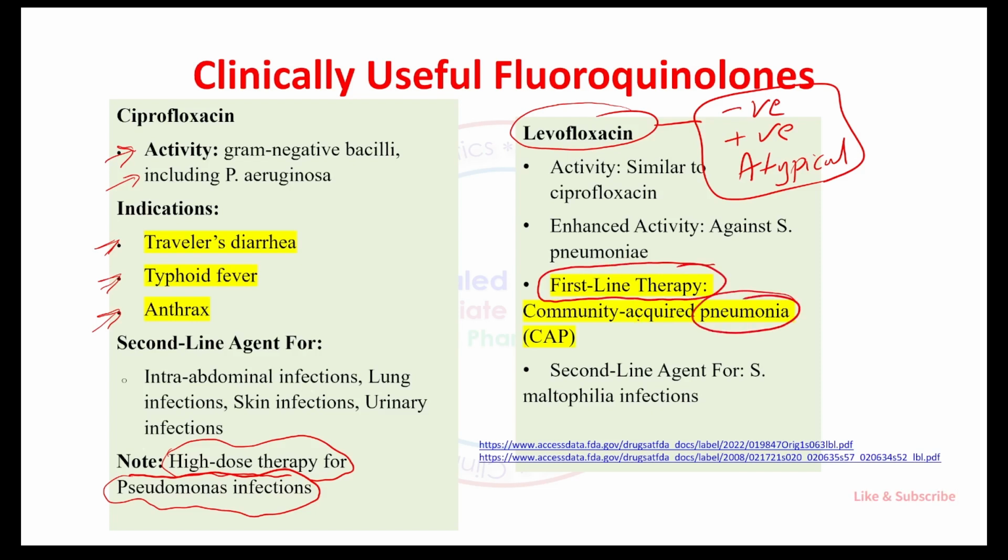We use it for community-acquired pneumonia, and consider it second line for the atypical microorganisms. But we need to remember this highlight here: levofloxacin, first-line therapy for community-acquired pneumonia. Ciprofloxacin for traveler's diarrhea, typhoid, and anthrax.